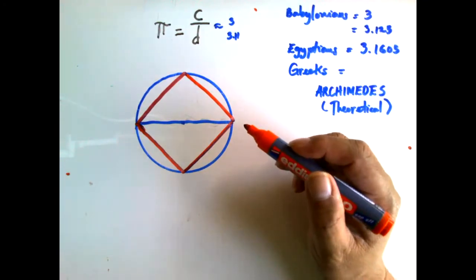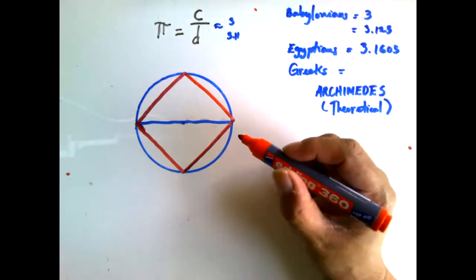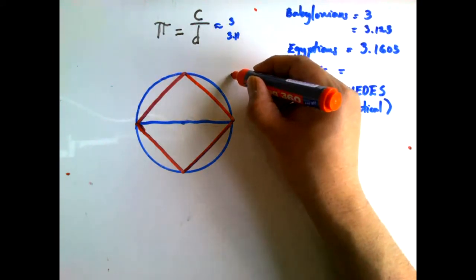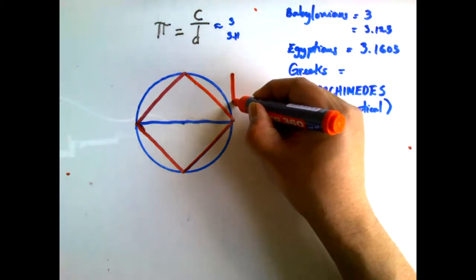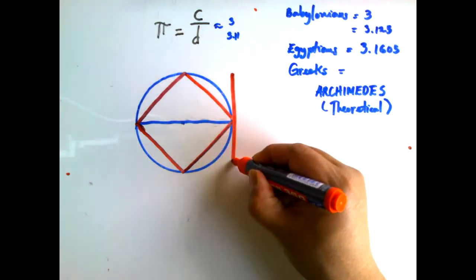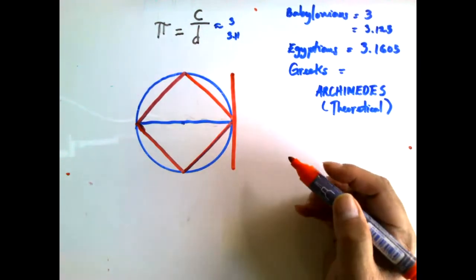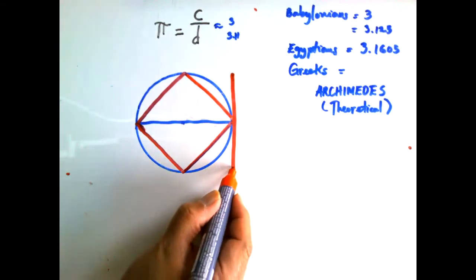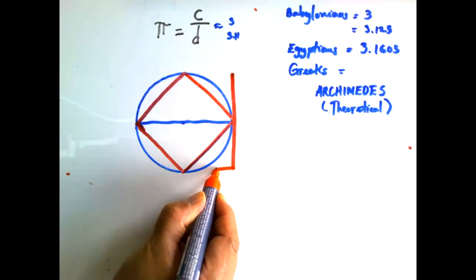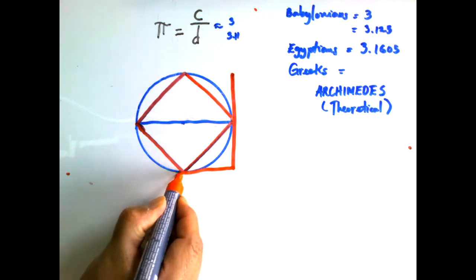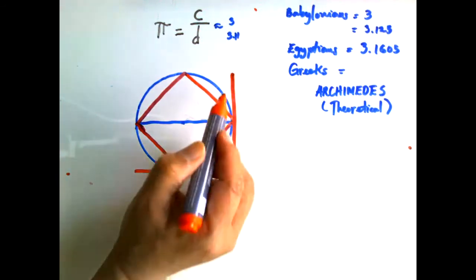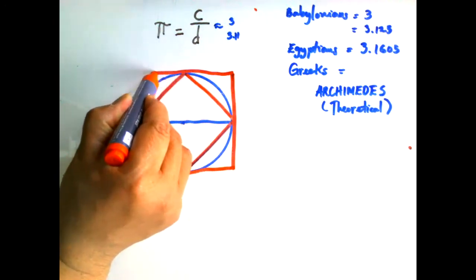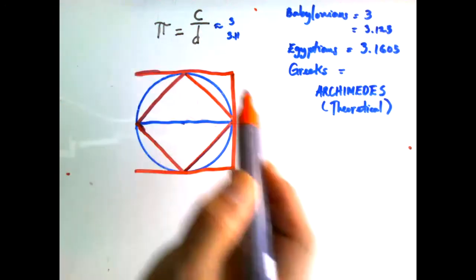But he also said something about circumscribing it with the same object. So basically, when we circumscribe an object, we are surrounding it, we're enclosing it.